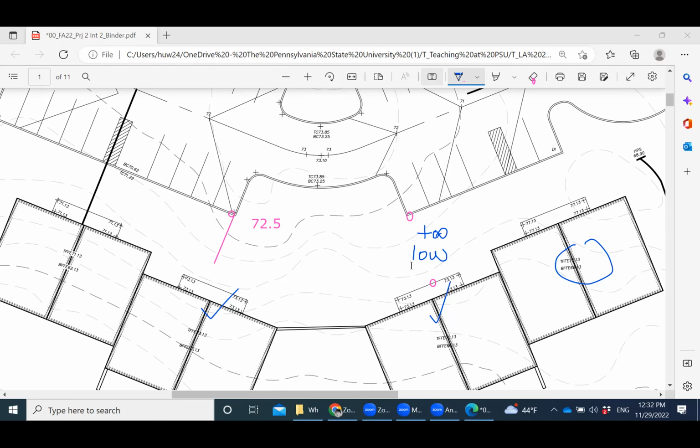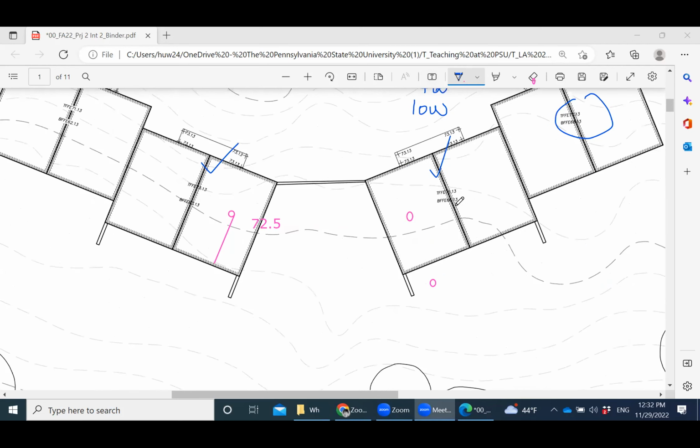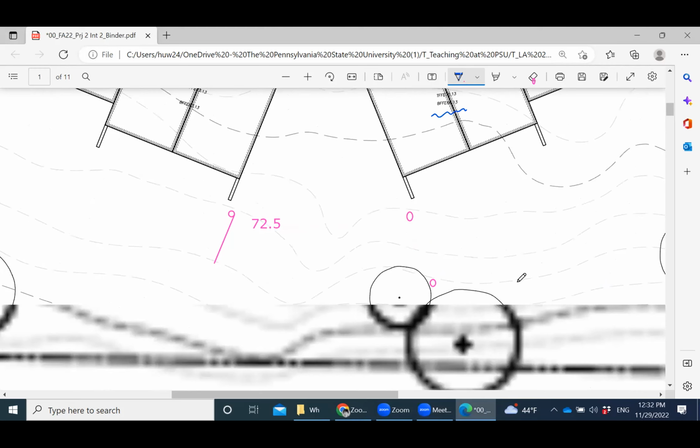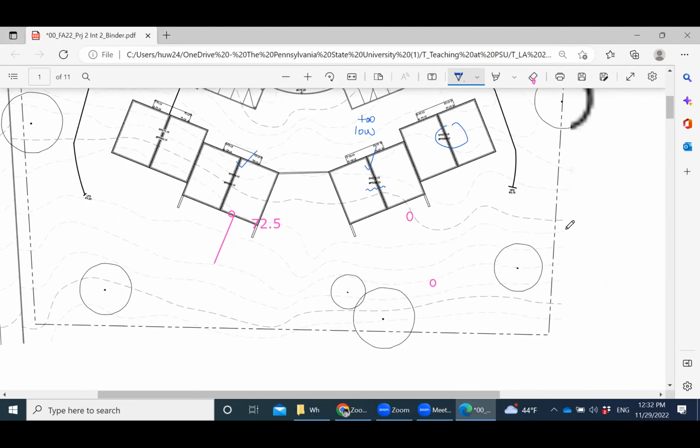So I would say, yes, FFE here equals 73.13 would work. And then it looks like this one would work as well, because the distance is the same and you're lower here, so you need a higher slope. So I would say, yes, your 73.13 and these two units, they would work. Then that means this is 64.13. 64.13 is somewhere over here.